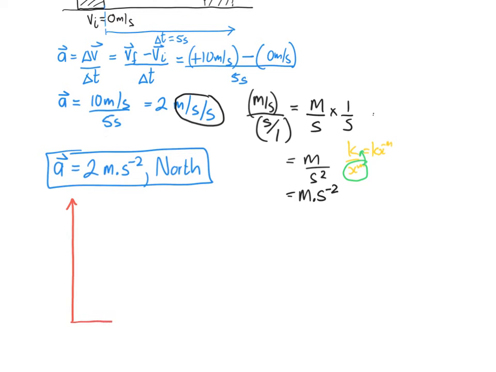So we're going to represent the velocity versus time on a graph. So the time axis is the horizontal axis, and we're going to make the velocity axis the vertical axis. So this is going to be a graph of v versus t.